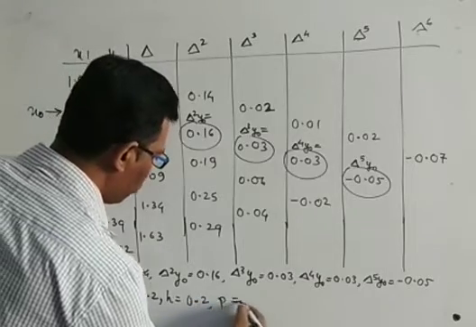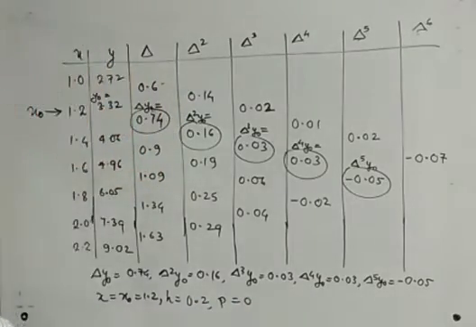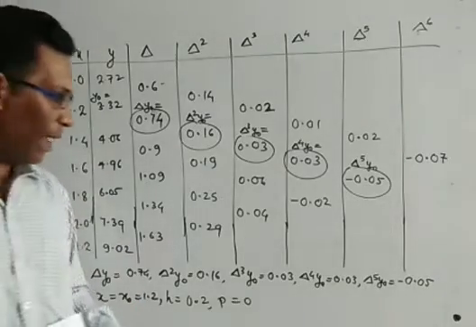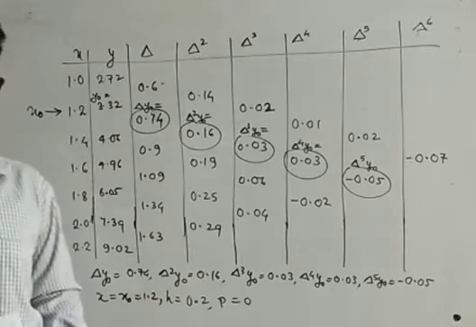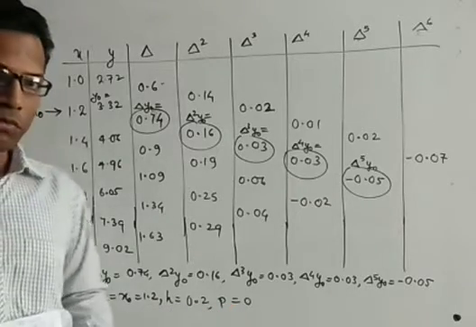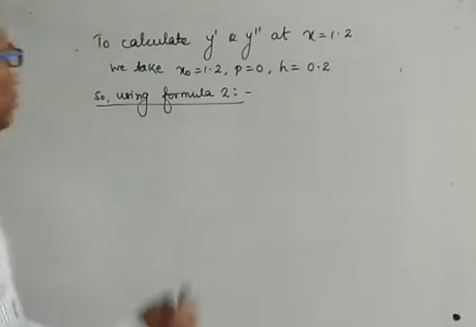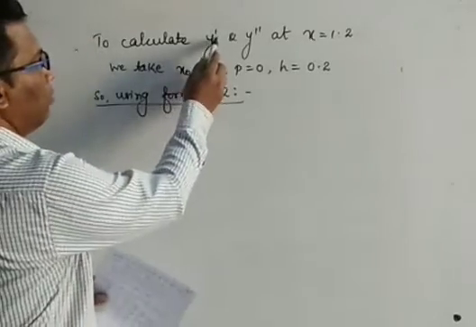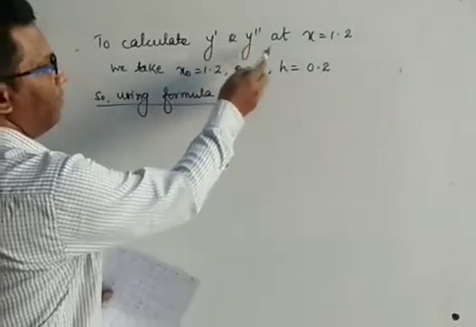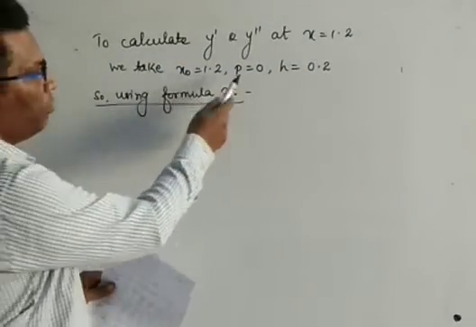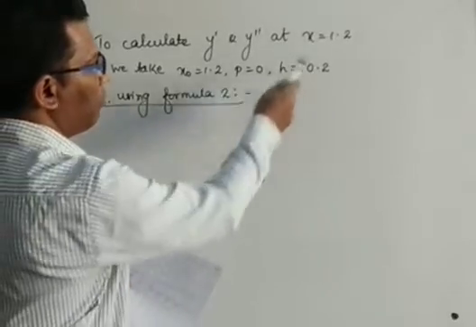So p equals 0. So we have to use formula number 2 and formula number 4 to calculate the first and second derivative, where p equals 0. Now to calculate the first derivative and second derivative at x equals 1.2, we have x equals x0 equals 1.2, p equals 0, h equals 0.2.